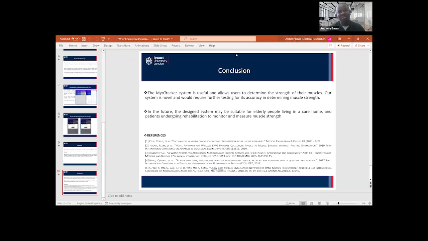So, for example, how do you know that a patient who has muscular disease has fatigued muscles, or that this person, based on the treatment, has stronger muscles? That's one of the things that came to mind. In our design, we aim to get something very cheap in the range of £100, which is much more affordable compared to the traditional sensor, which is almost over £10,000 here in the UK.